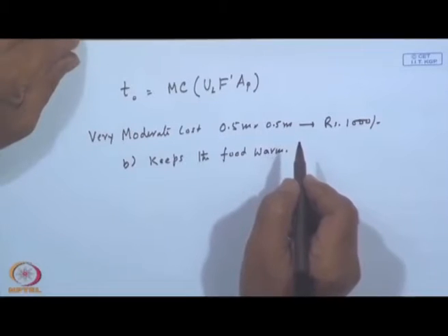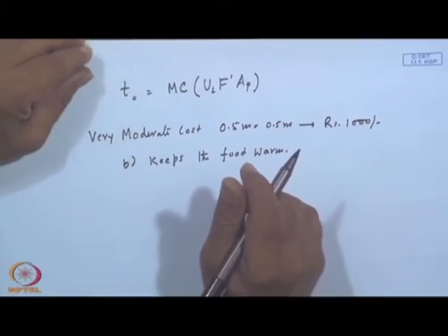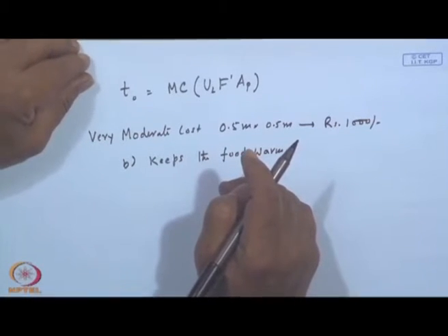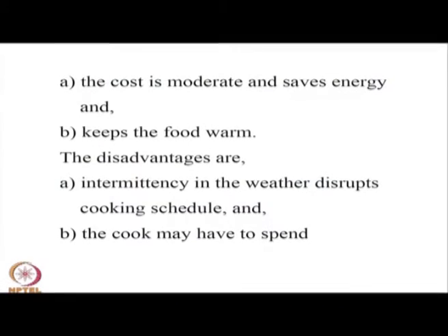So, assuming there is no intermittency and there is a continuous thing, somebody can keep it in the sun, and even if you do not worry so much about the booster mirror coming into the picture, the horizontal radiation itself, if it is high, can cook the food and keep it warm until you come back after attending your job or whatever.